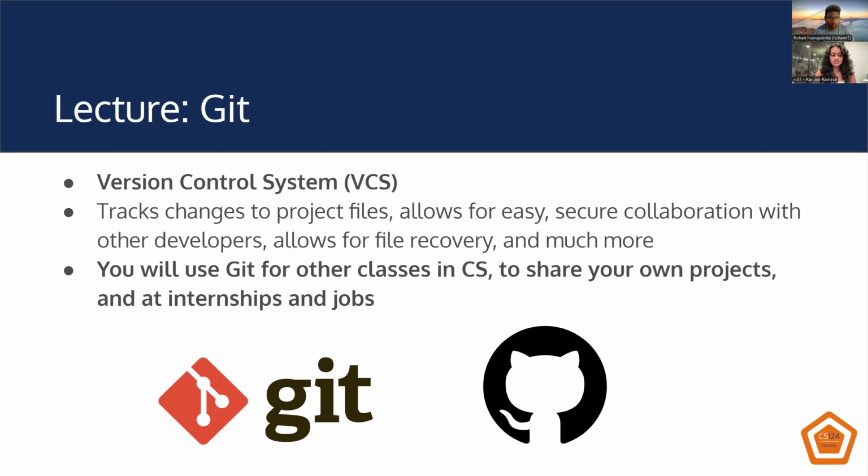This is such an important tool to learn because you will not only be using this in all of your classes, trust me, we use it in every single CS class after 124. I'm currently using it in my classes. But you will also be using it at internships and jobs. So it's a super, super important skill, and we want you guys to get started and learn it as soon as you can.